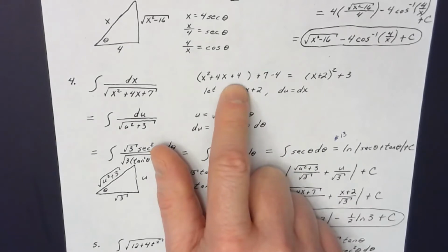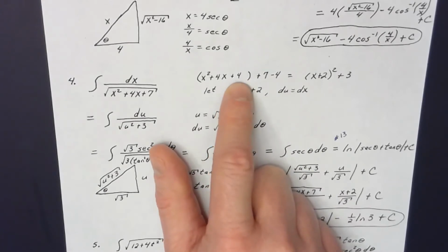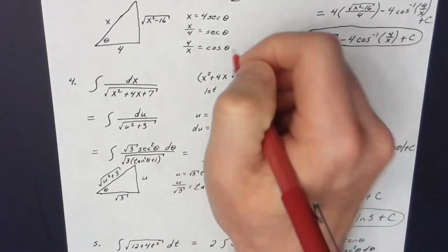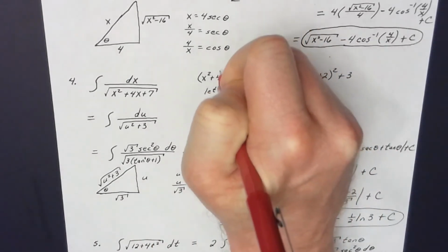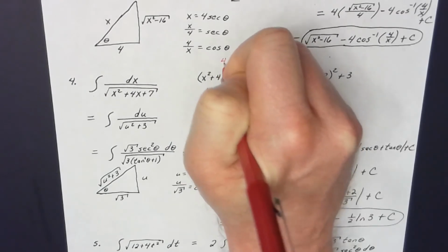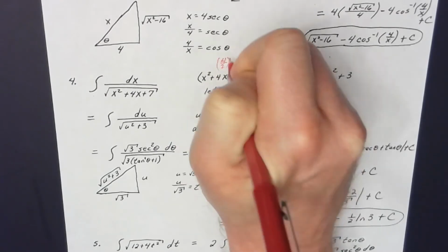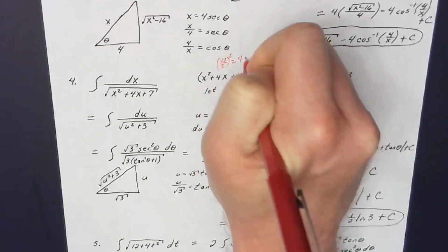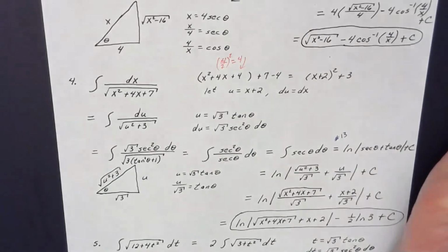Now I think about what I need on the inside of that trinomial to make it a perfect square trinomial. Please remember, whatever the coefficient of x is, we say b, you always need b over 2 quantity squared. So 4 over 2 is 2, 2 squared is 4. That's why I put that 4 there.